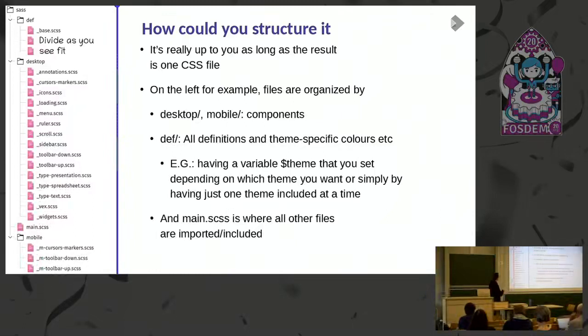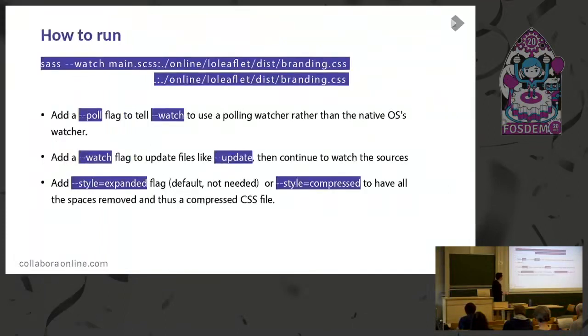Then you would have a base file where all your theme-specific variables will be. And this main file would do the bridge of all these files and say, if there is a rule that comes from one of these files and uses a specific theme, okay, give me this color from this specific theme, and it will probably read from this variables file. We'll see this in a minute, so you don't need to worry.